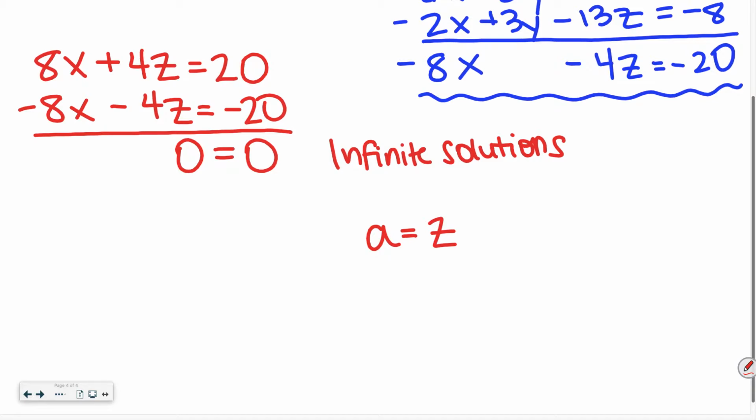Your answer will look different than mine if you choose X equal to A, or if you choose Y to equal A. But right now I'm going to choose Z to equal A.